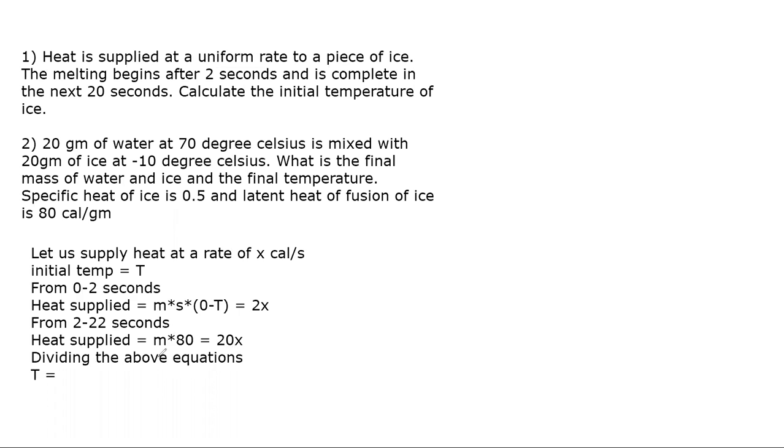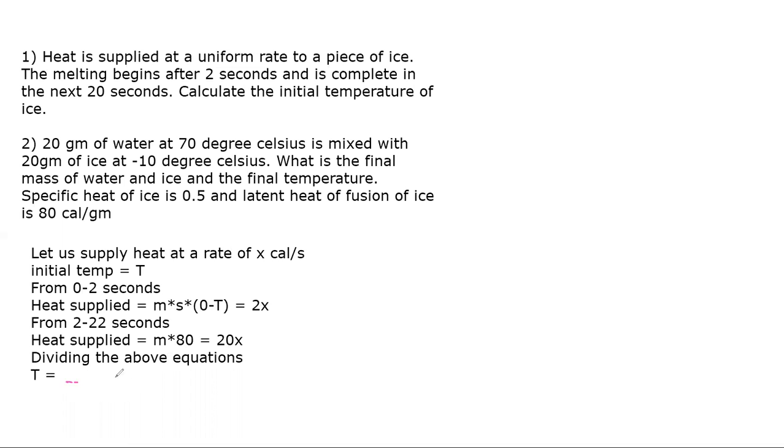So now if we divide the two equations, s is equal to 0.5 in case of ice, it is not 1 as in the case of water. So if you divide the two equations, m into 0.5 into T equals 2x, divided by m into 80 equals 20x, you will get T is equal to minus 16 degree Celsius.